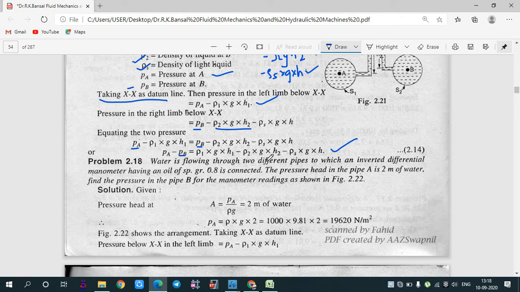So here an inverted U-tube manometer is connected to two pipes in which water is flowing, and the lighter liquid is your oil, having a specific gravity of 0.8. The pressure in the form of head is given, it is 2 meter, and in the second vessel, pipe B, we need to find out the pressure.